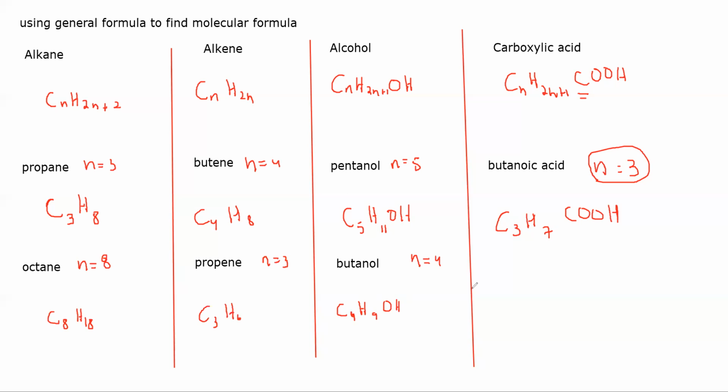And if I say, what is the formula for, say, propanoic acid? So prop means 3 carbon, but I will take the value of n as 2.